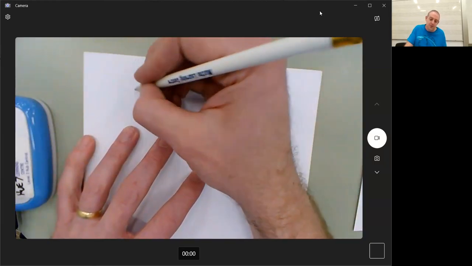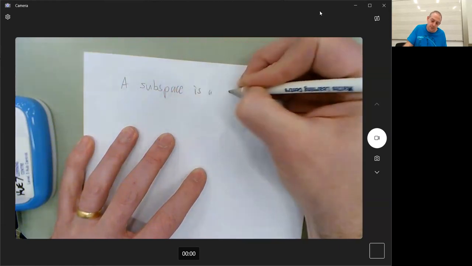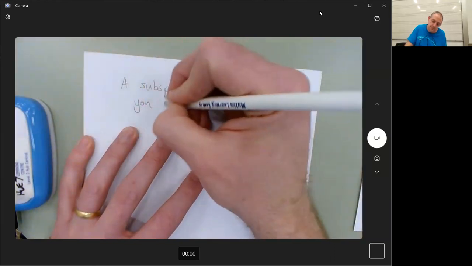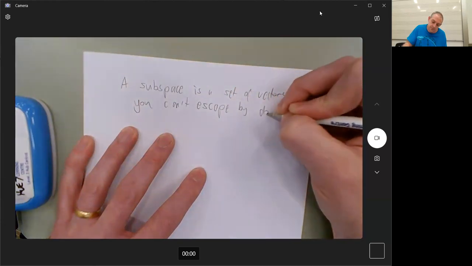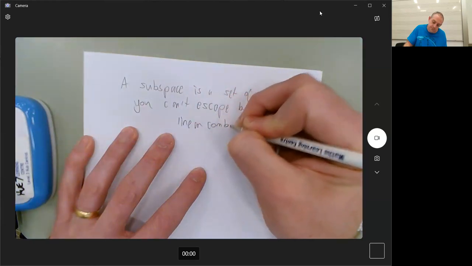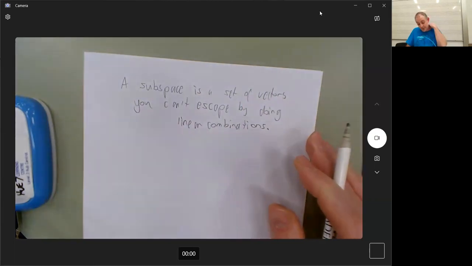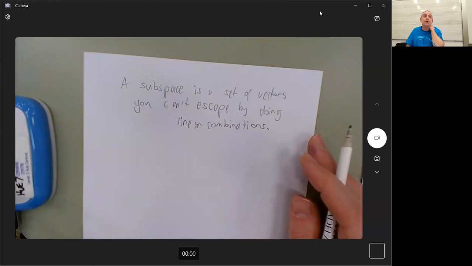So that's the meaning of what a subspace is. It's a set of vectors you can't escape by doing linear combinations. It's full.